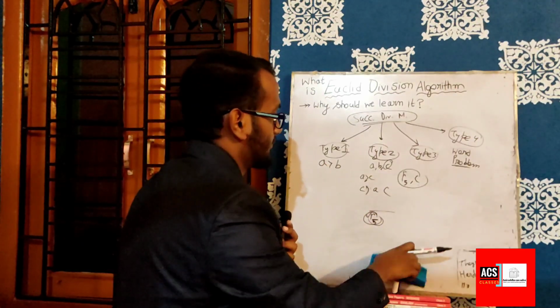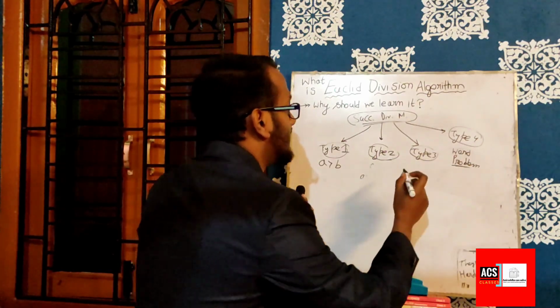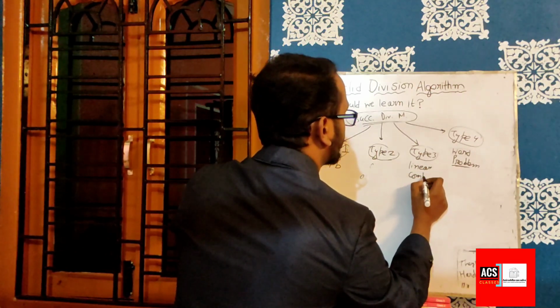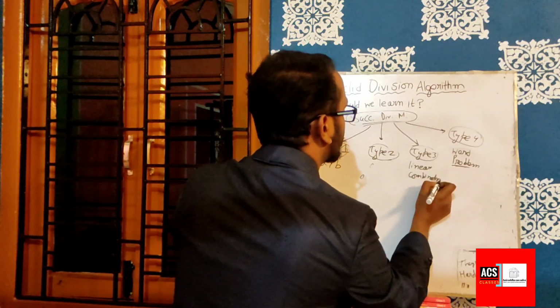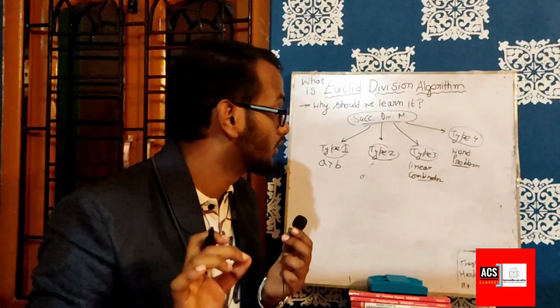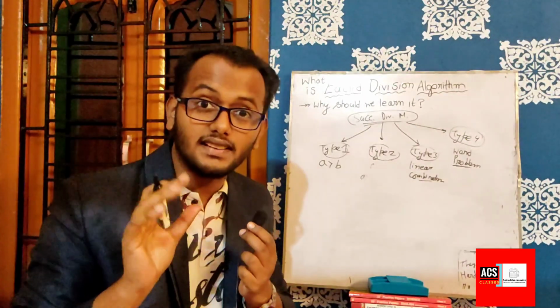What is type 3? Type 3 is about linear combination. You must write this down, because this type of question is very important and frequently comes in board exams as well as school exams.